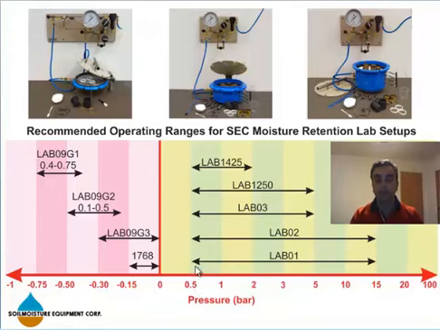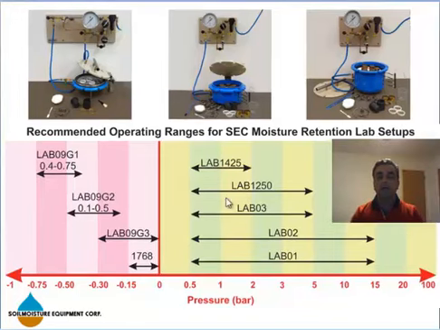You can use it in this range, and there is no magic number here. But it is highly recommended that when you are close to saturation, instead of pressure application, you use tension or vacuum application.